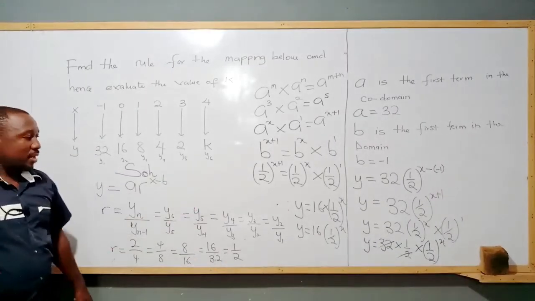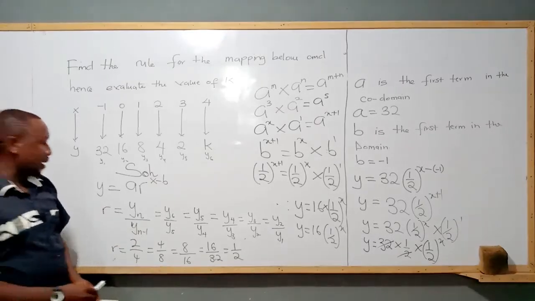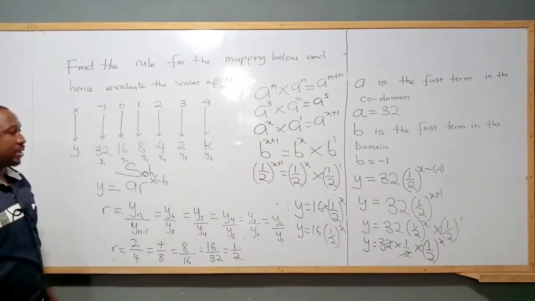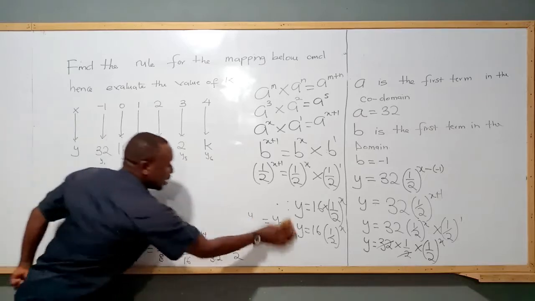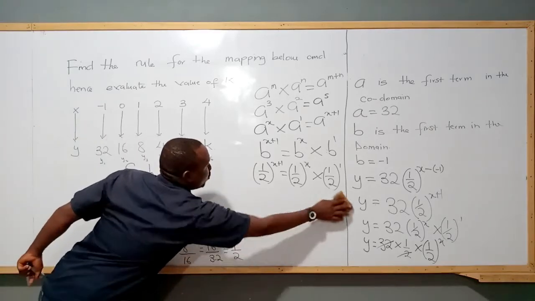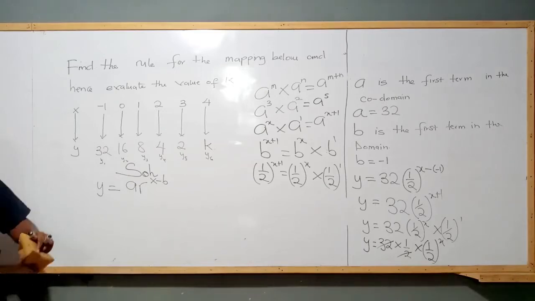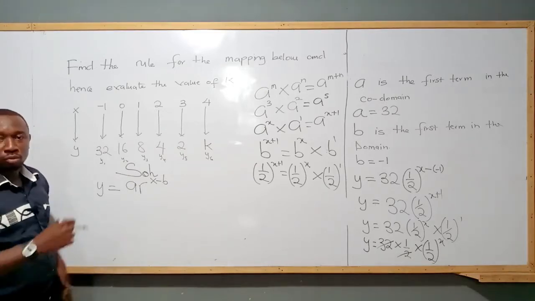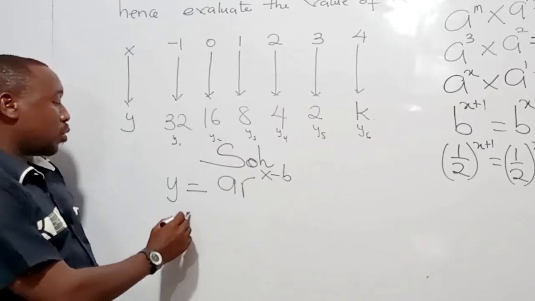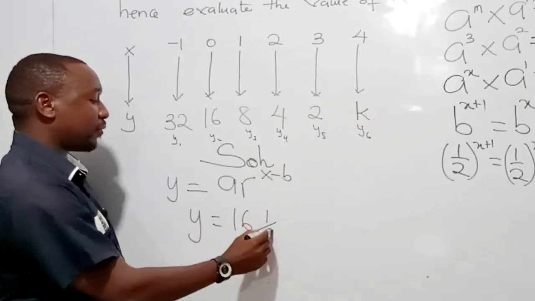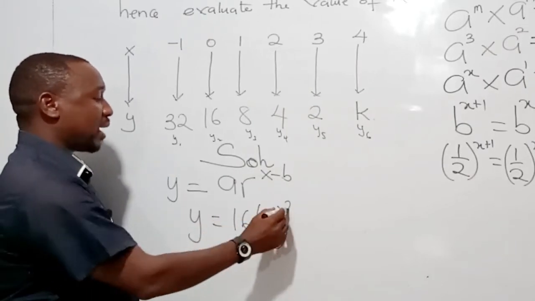Let's test and see if our rule is correct. What is the rule? The rule is y is equal to 16 half all to the power x.